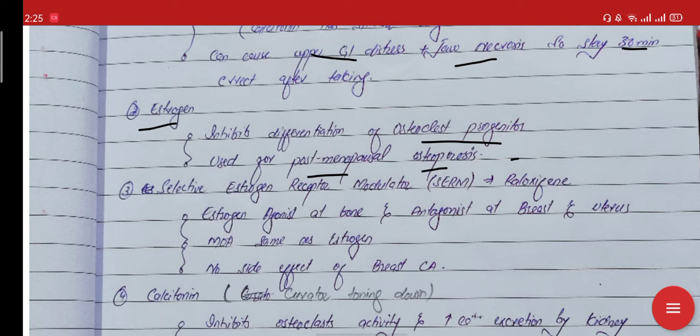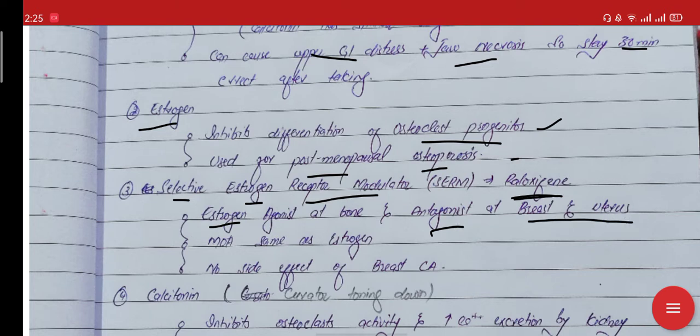That's why the more reliable drug is the selective estrogen receptor modulator, which comes with the name raloxifene. These drugs are called selective estrogen receptor modulators. These drugs are estrogen agonists at the bone, so they do exactly the same function at the bone as estrogen, inhibiting the differentiation of the osteoclast progenitor cell, but they are antagonists at the breast and uterine tissue.